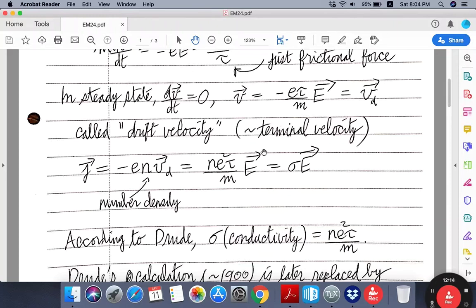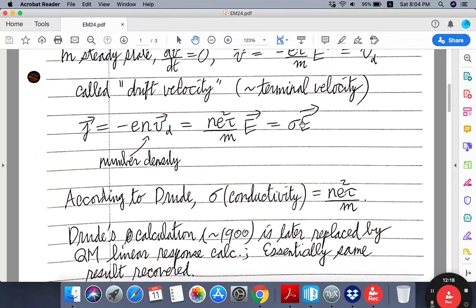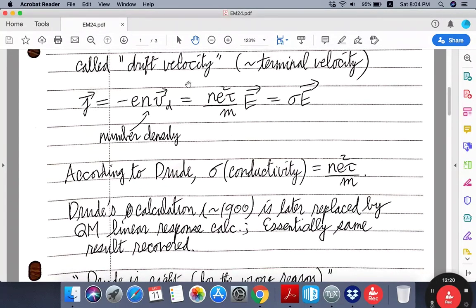So now if you combine all of these things together, it's the number density of electrons multiplied by the electric charge squared times the relaxation time divided by the electron mass. And all of that is multiplying the electric field.